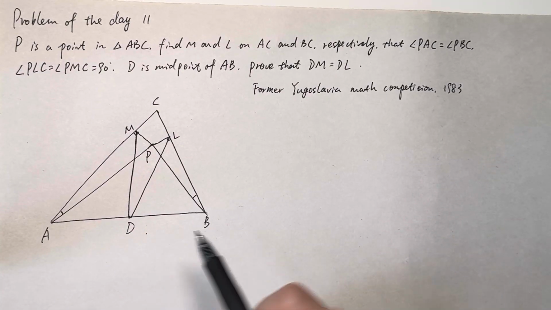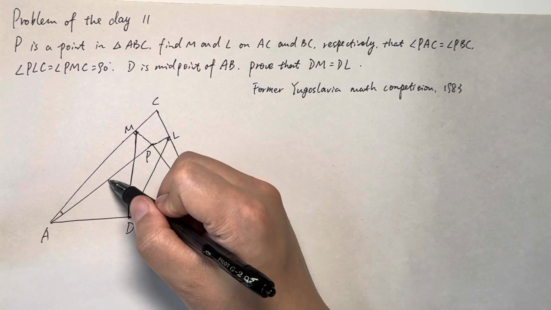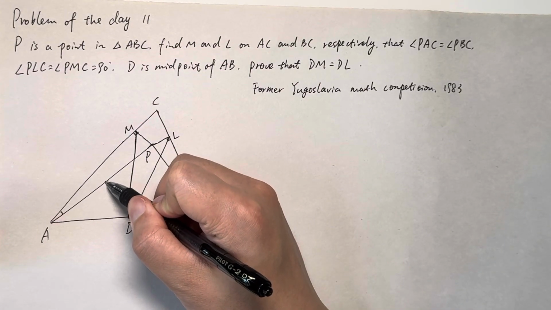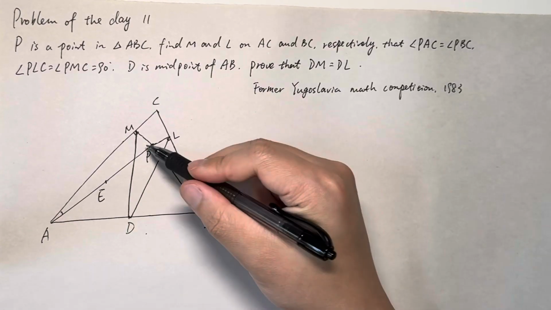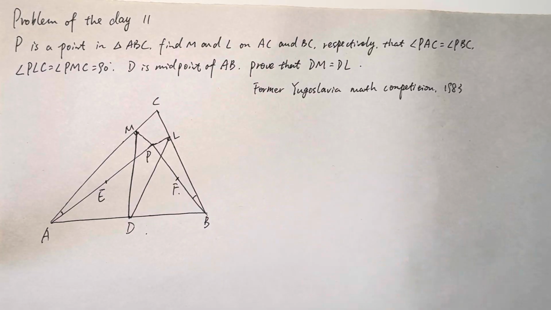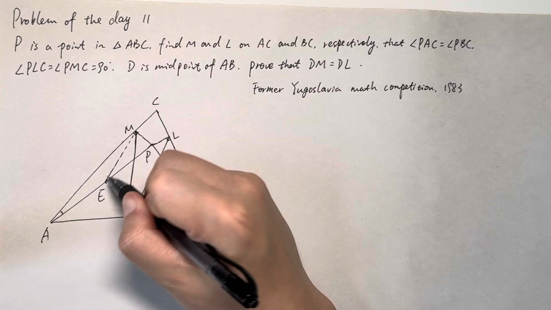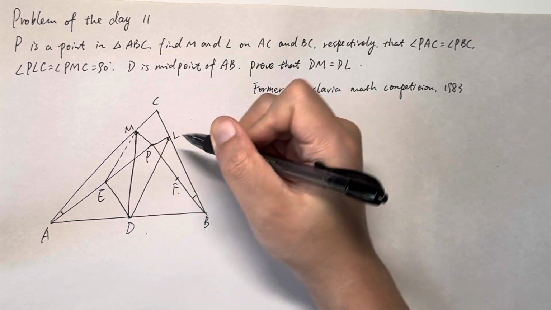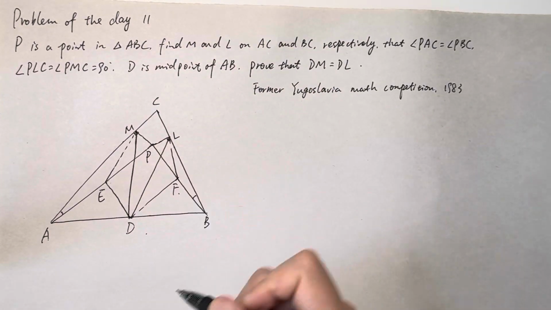midpoint D. So it actually reminds us that if we find the midpoint of AP here, let's call it E, and the midpoint of BP here, let's call it F, we connect ME, we connect ED, we connect LF, and we connect DF.